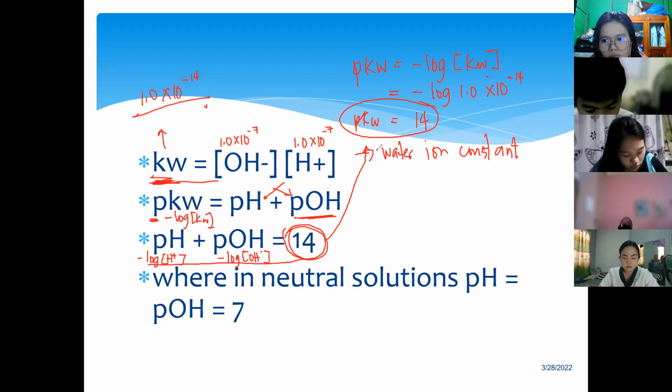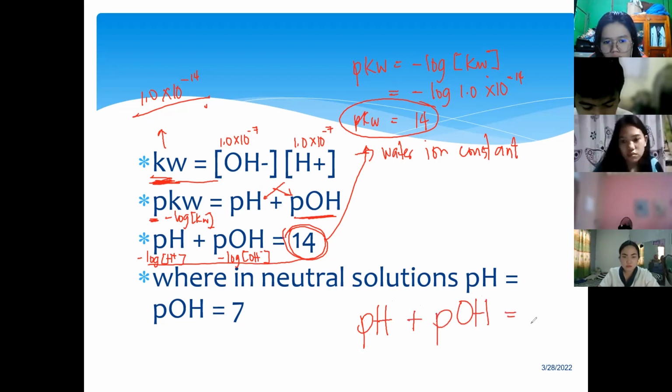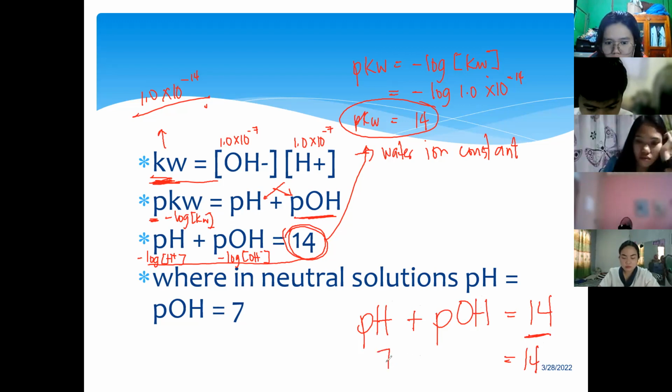So we have now a new formula, pero hindi naman siya mahirap. Ito yung gagamitan natin. pH plus POH will always be equal to 14. Hindi nagbabago si 14 ha. Thus, for the solution na neutral, since 14 yung ating total here, meaning the pH will always be 7 and the POH will also be 7.